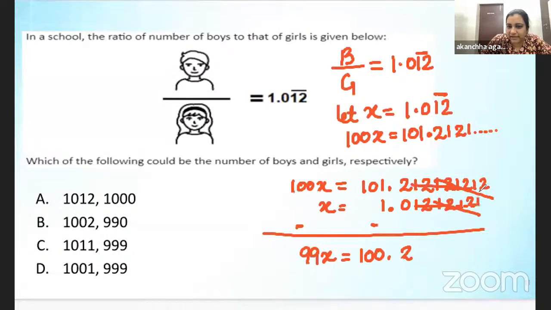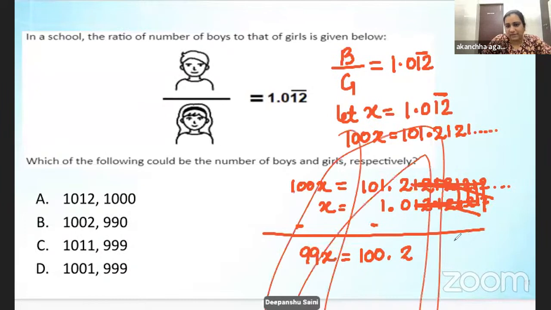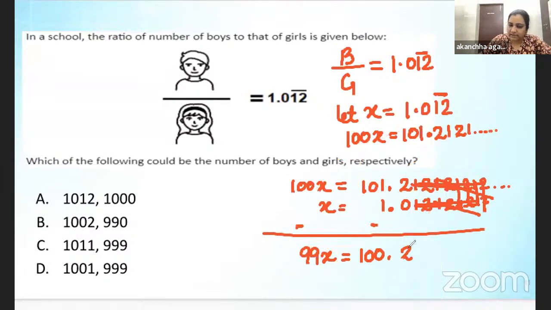So we are not cancelling, actually we are taking subtraction. 2 minus 2 is 0, 1 minus 1 is 0, 2 minus 2 is 0. So all the numbers which are coming in line are the same, and only the same numbers get cancelled. And we know that after the decimal, if there is a number followed by zeros, it doesn't change anything. It is the same. So we could cancel it easily and it does not change the number.